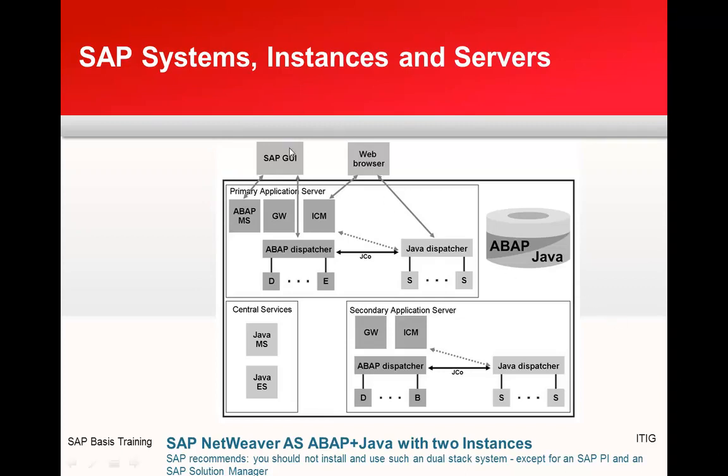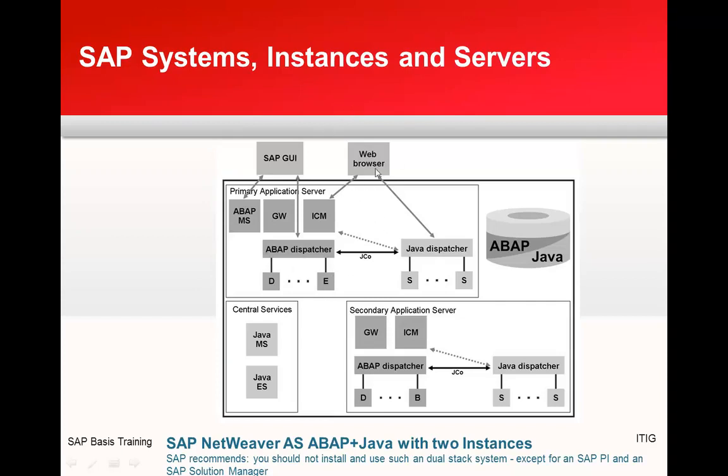Now in this you can see you have SAP GUI and a web browser. Using SAP GUI, you connect to the primary application server, that is the ABAP message server. Then you have the gateway and the ABAP dispatcher, and the dispatcher in turn dispatches to the work process, the background process, and the enqueue.